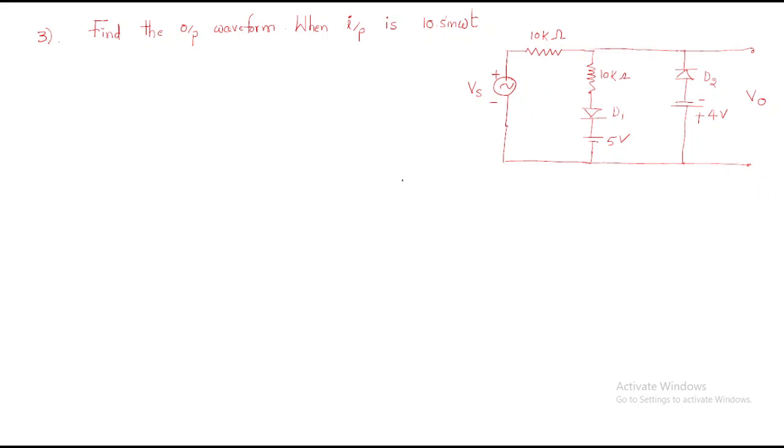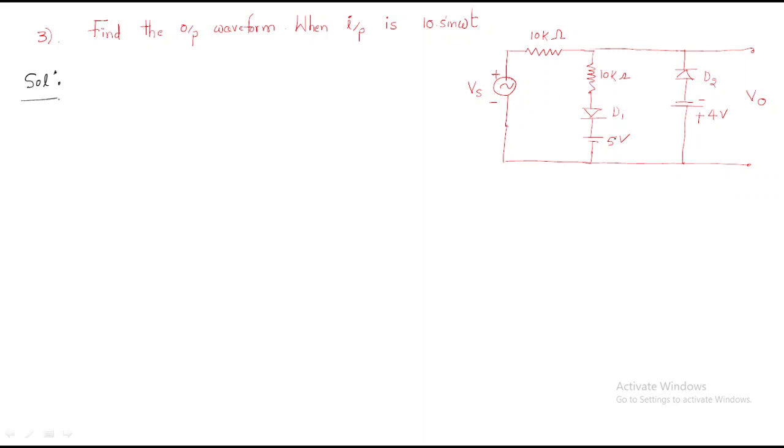This is a clipper circuit problem, actually. This is one of the important problems, and if you understand this problem, you will be able to do any clipper circuit problem. Just observe carefully.